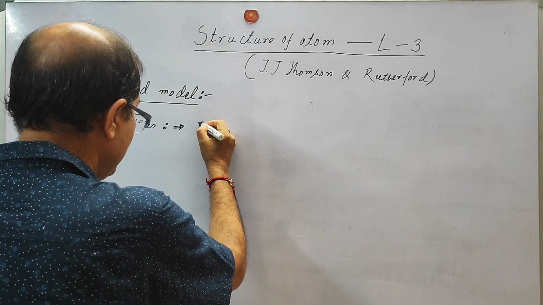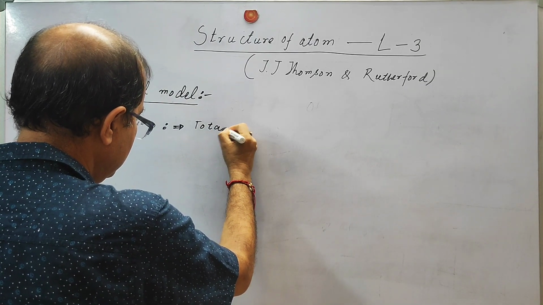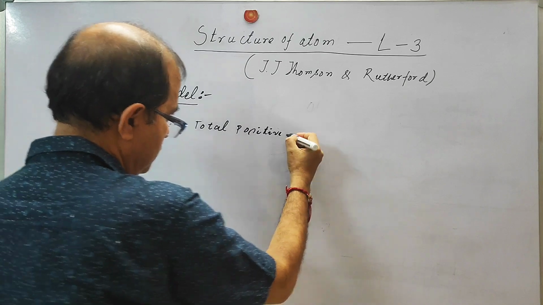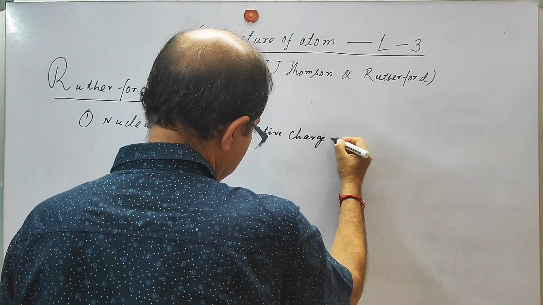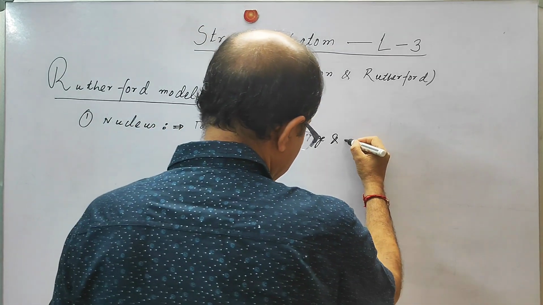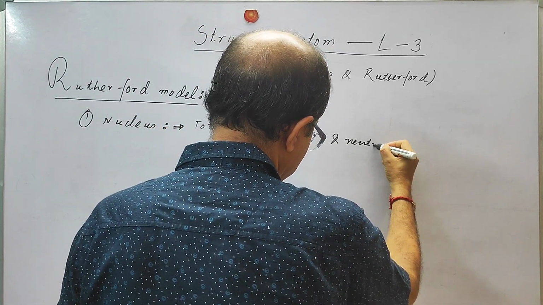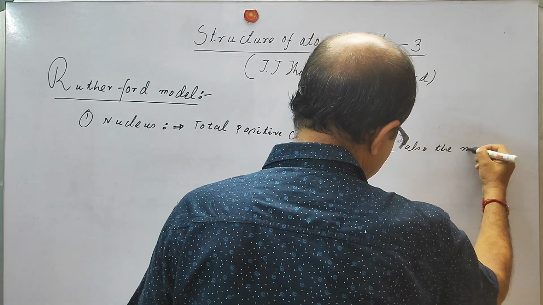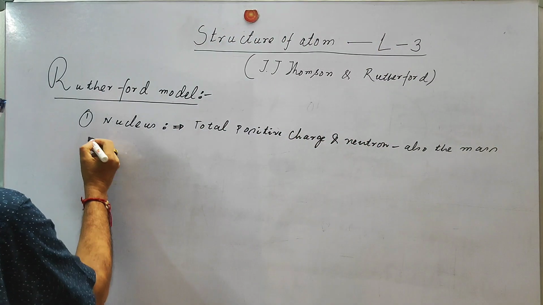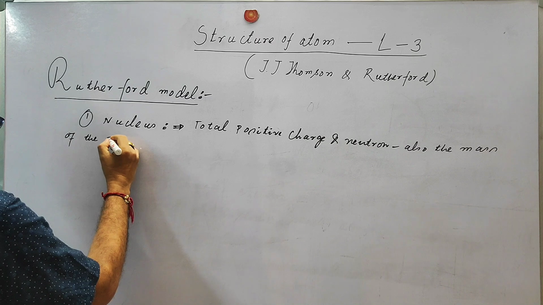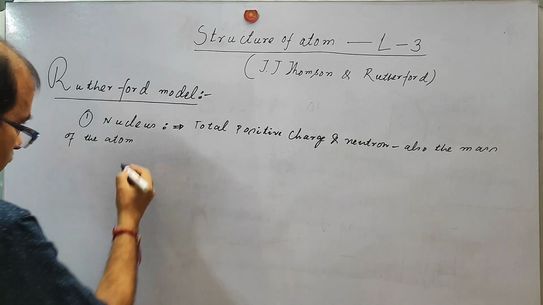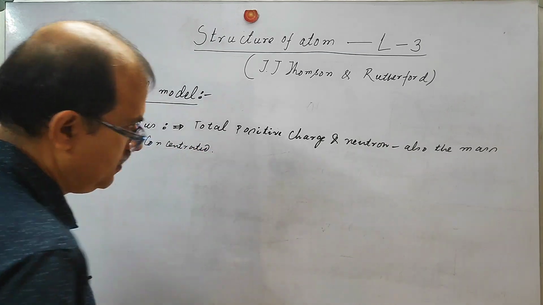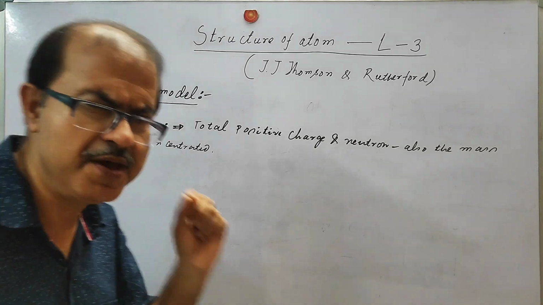In the nucleus, the total positive charge, protons and neutrons, and also the mass of the atom are concentrated, and the volume of this nucleus is very, very small.